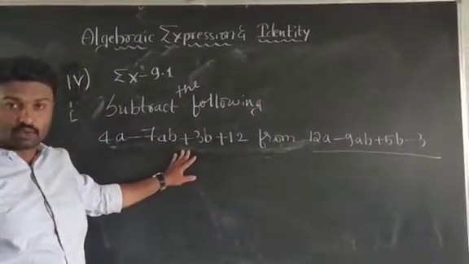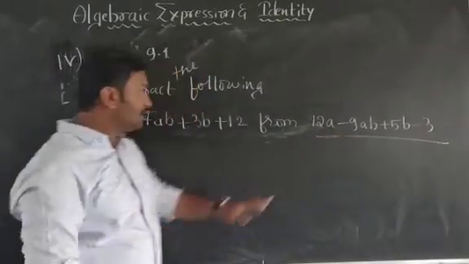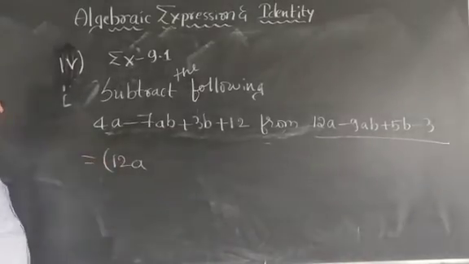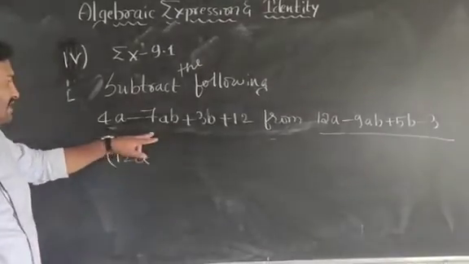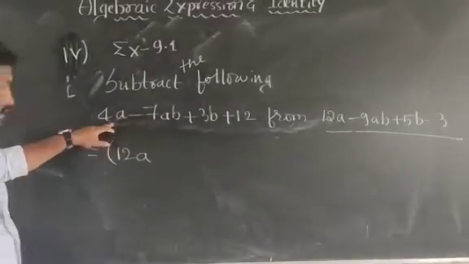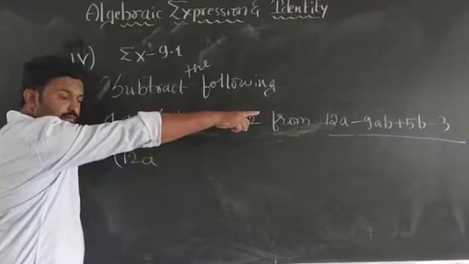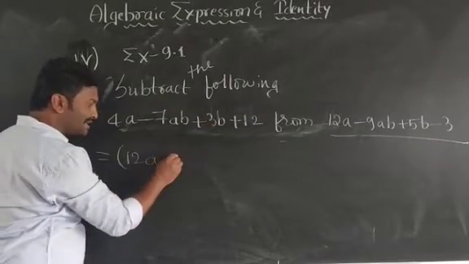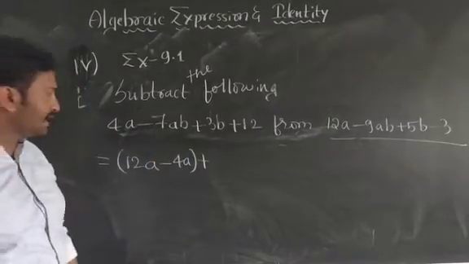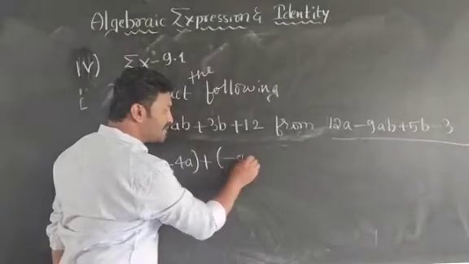In this one, you have to subtract this from this. Okay, first I'll write 12a. Terms having a, how do you check here? This is the right subtraction. 12a minus 4a. Next, minus 9ab.